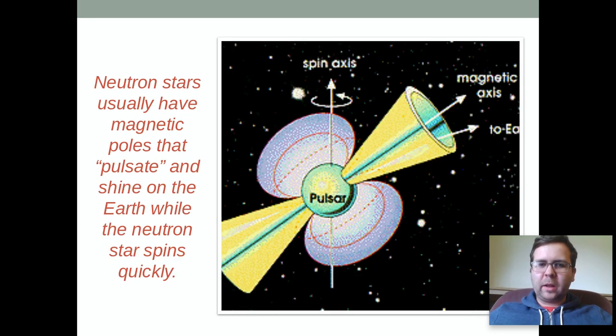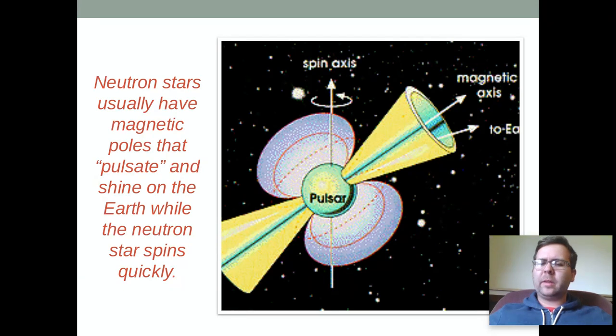If you look at a picture of one of those, usually when you compress something to the size of a neutron star, it starts to spin. When things get compressed, they usually spin, and a lot of times these neutron stars will have strong magnetic fields, and they'll have these beams of radiation that go out from their magnetic axes, and when they spin around, they're kind of like lighthouses.